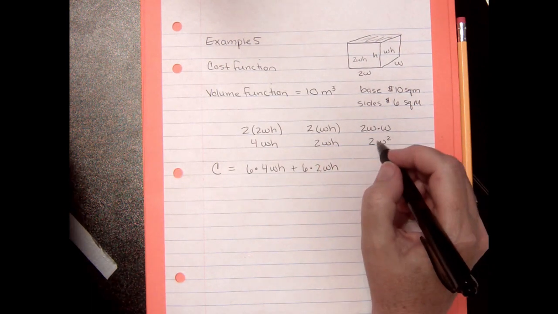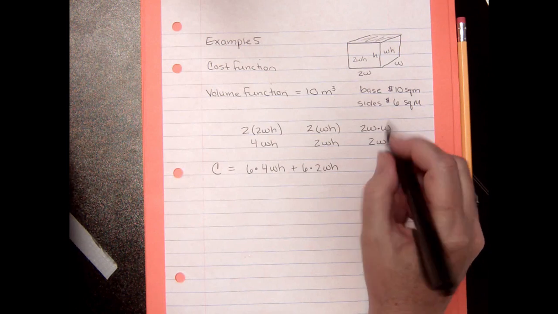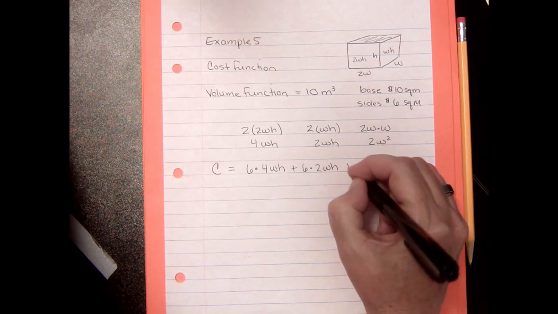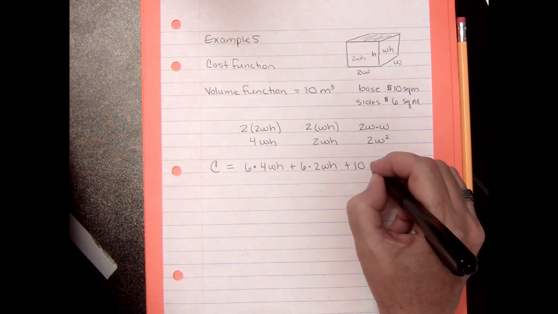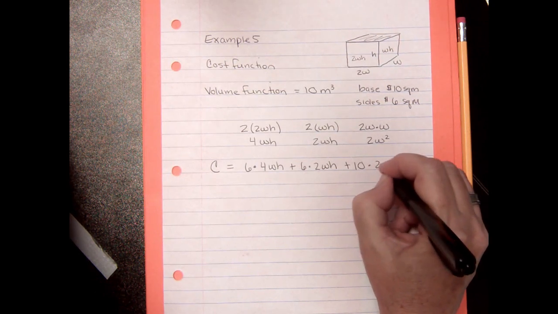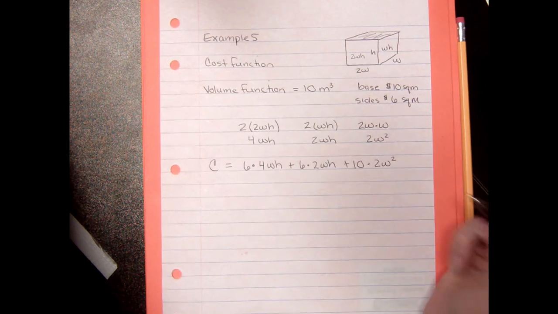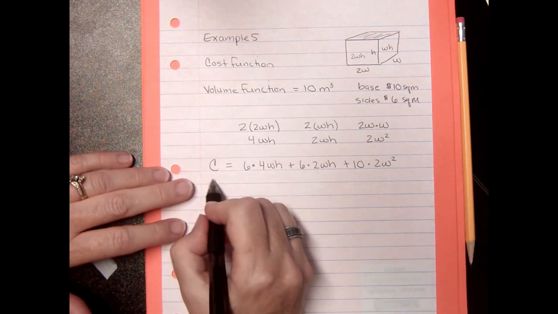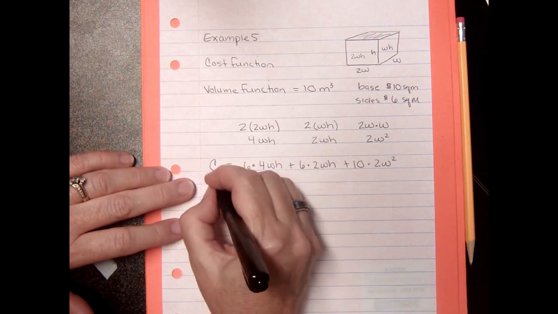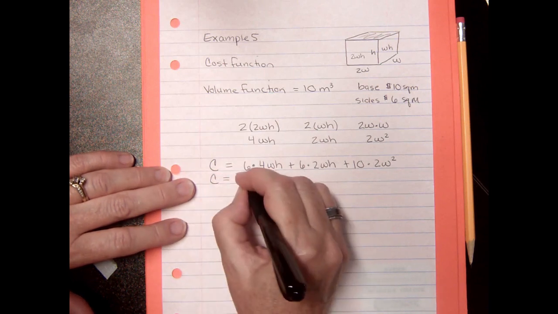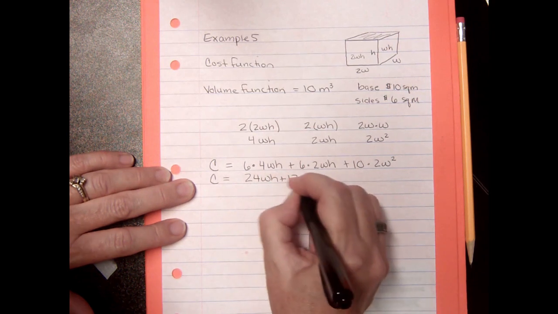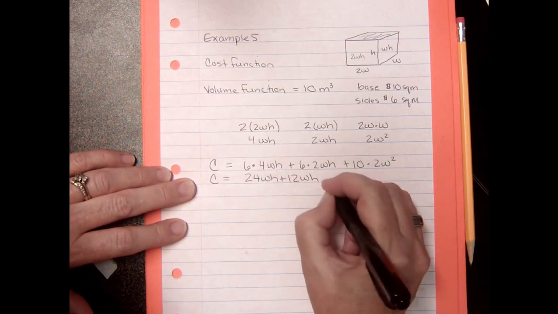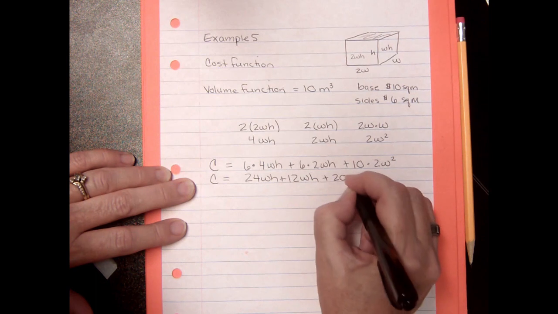The base, on the other hand, is more expensive. It's $10, so that would be 10 times my 2W squared. So here I have, when I simplify, my cost function will be 24WH plus 12WH plus 20W squared.